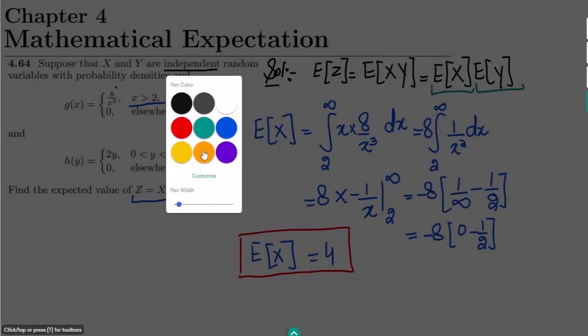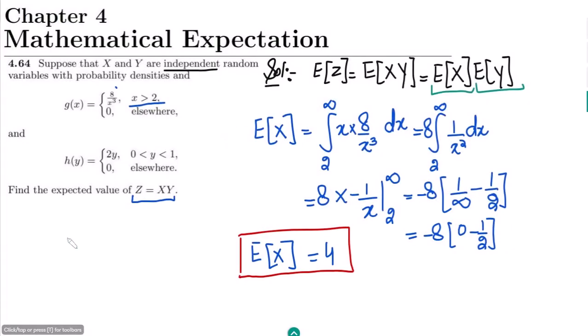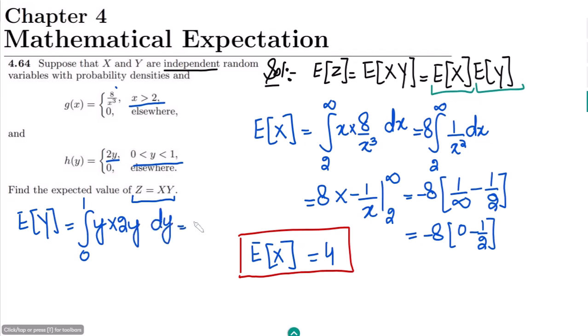This is for E of x. Let me find out the value for E of y. So for E of y, using this similar equation, the limits would be from 0 to 1, and because the random variable here is y, we have y multiplied by 2y dy. Ultimately 2 will be outside, and we get the integral from 0 to 1 of y square dy.